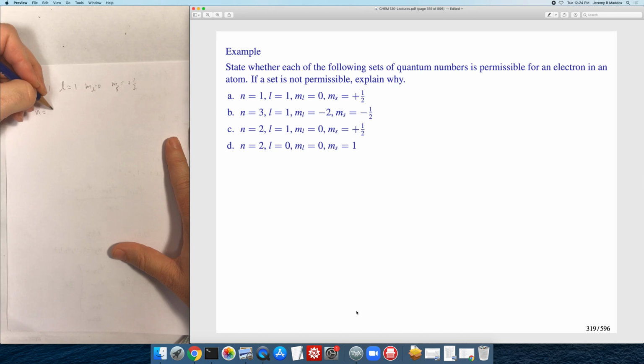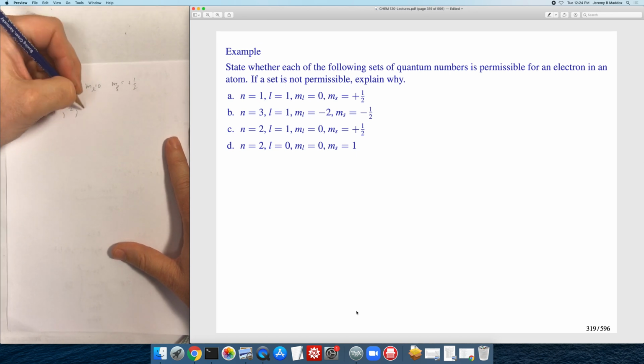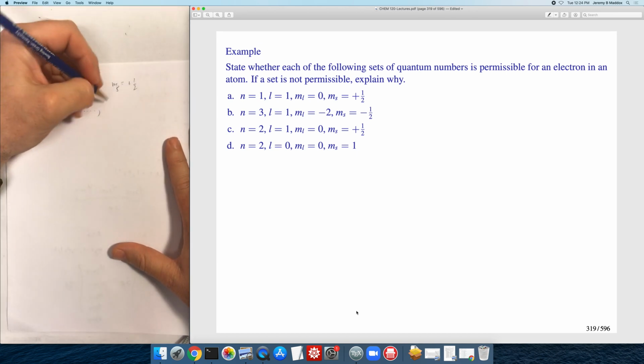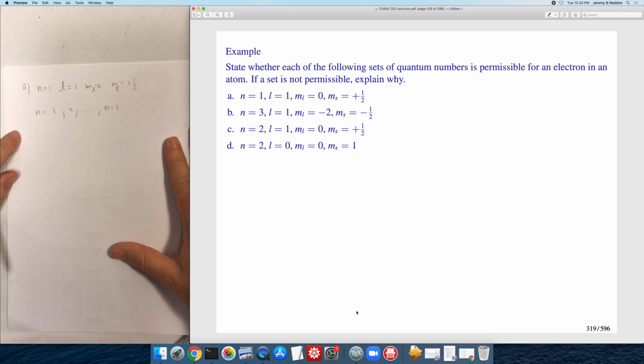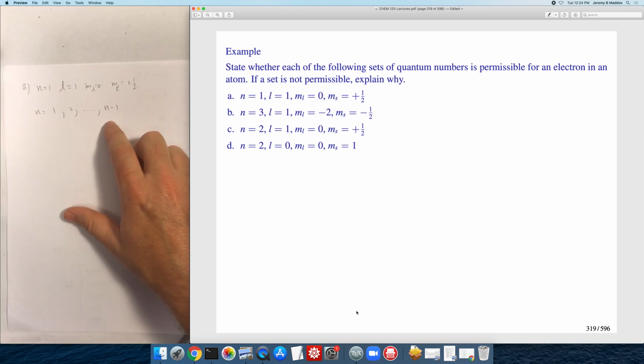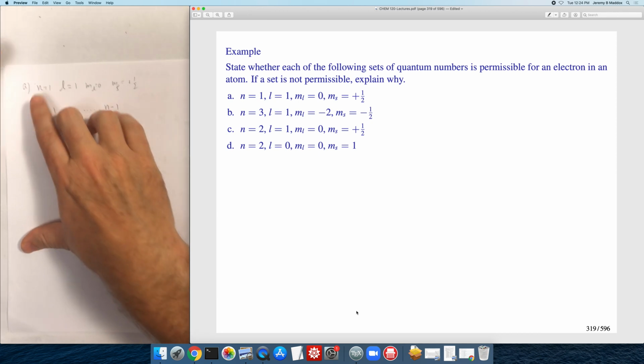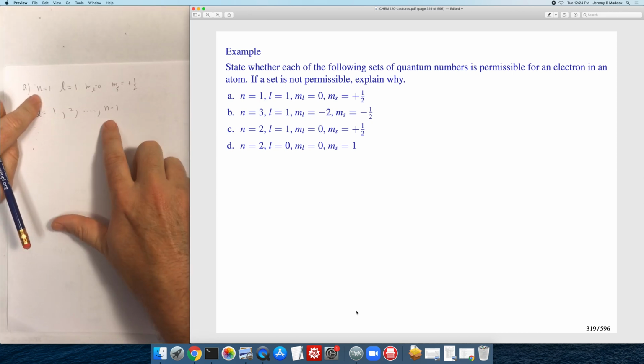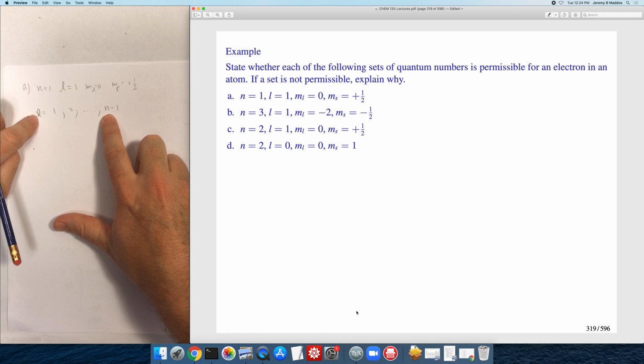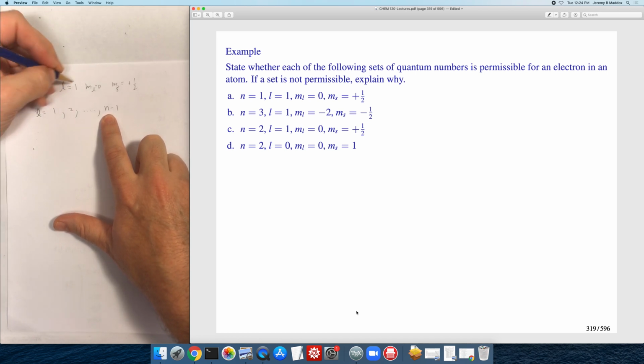L ranges from 0, 1, and so on up to a maximum value of n minus 1. In this case, n equals 1, and so the maximum value of L would be 0. So this is not an allowed quantum number.